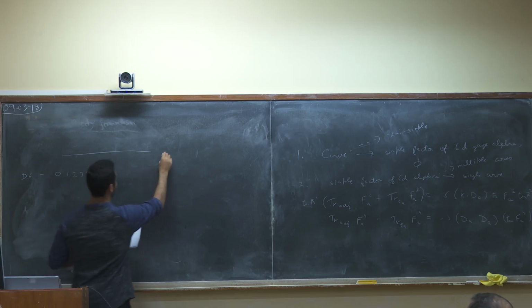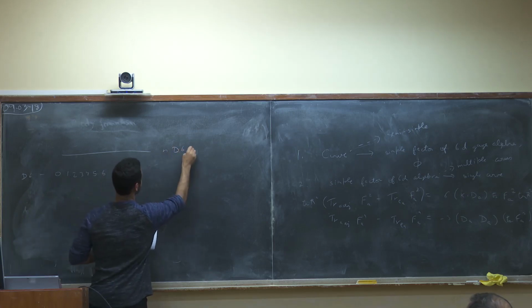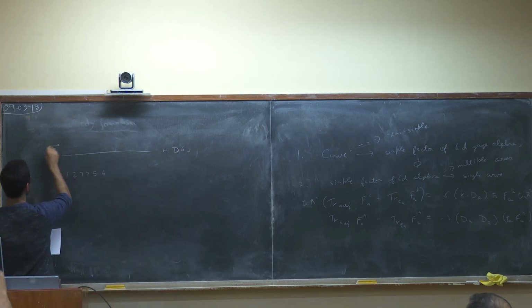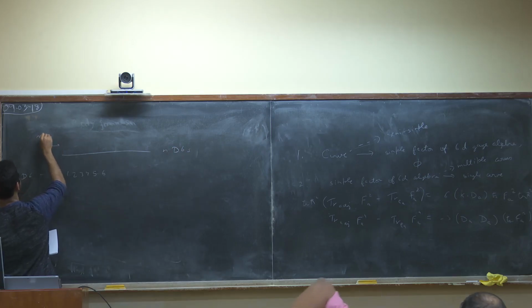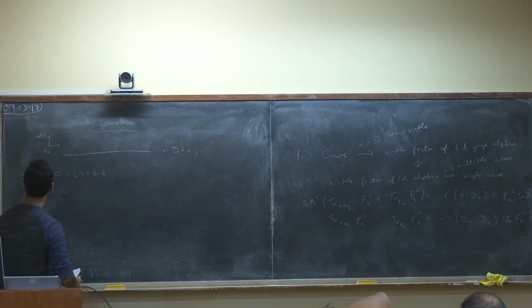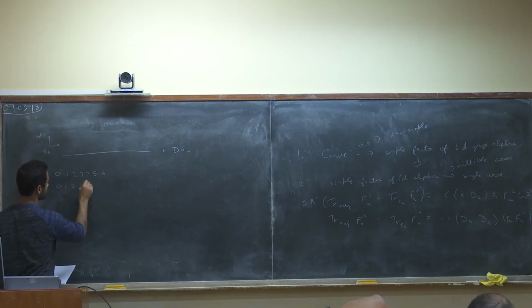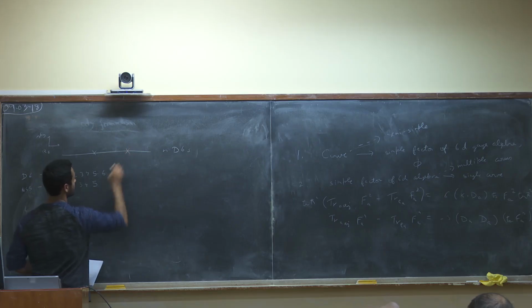So let's say I have n D6s. This direction is x6 and the other direction on the board is x9, say. Then let me put NS5s on this, which are completely submerged inside the D6s. So let me put 2 NS5s.